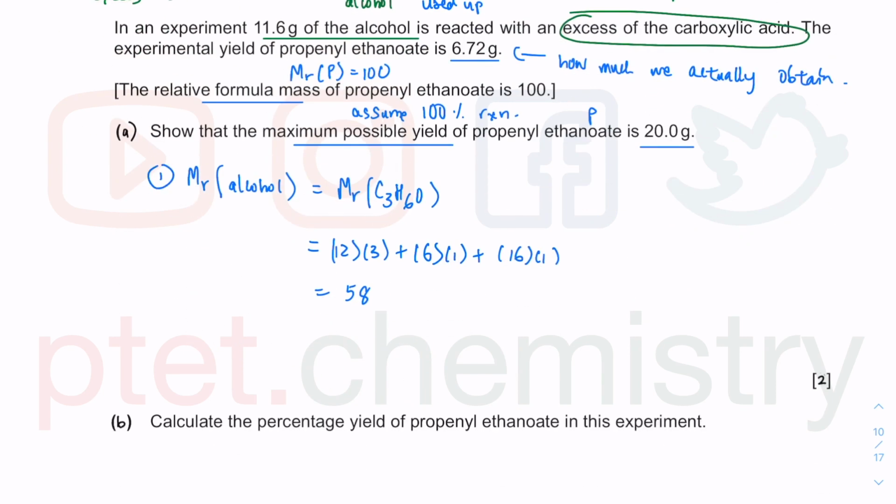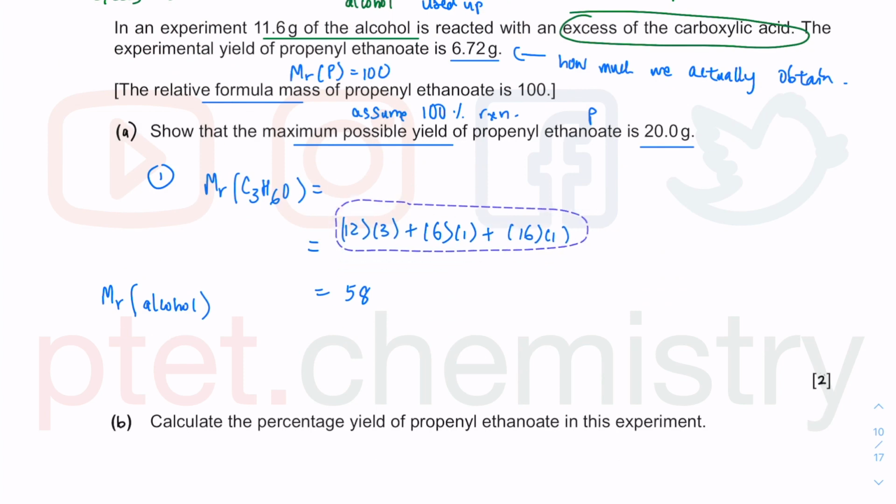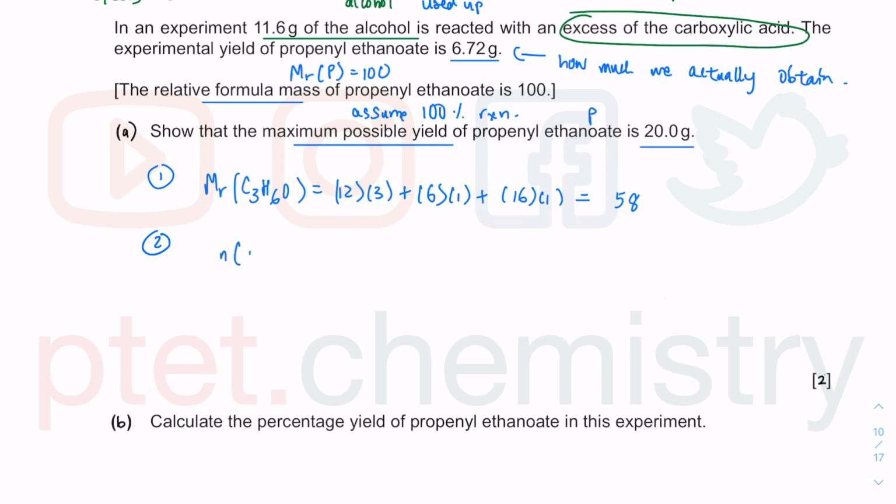What next? After I got the Mr, I think I can maybe save up a space there. Yep, that should save me some space. So you've got to think about the availability of the space, basically the space that you're given. All right. Anyway, so we have the mole of the product to the mole of the alcohol.